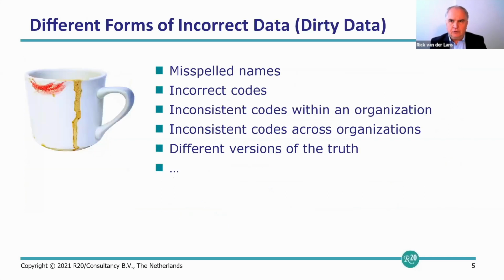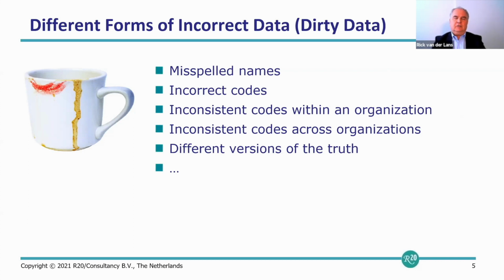Now, just to be sure, what do we mean by incorrect data? Of course, incorrect data can take all kinds of forms. Misspelled names is probably the best-known one, where we have misspelled the names of companies, customers, suppliers, patients, you name it. If we do that, then integrating data on patient names or customer names is very, very hard to do.